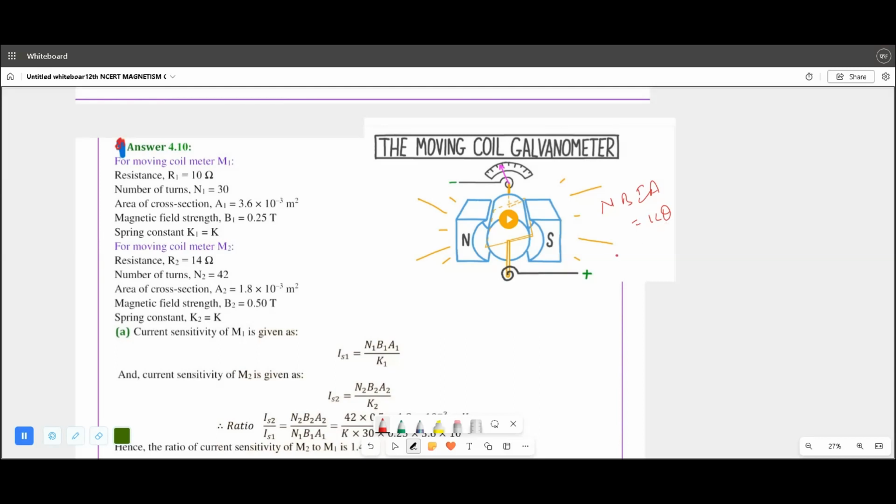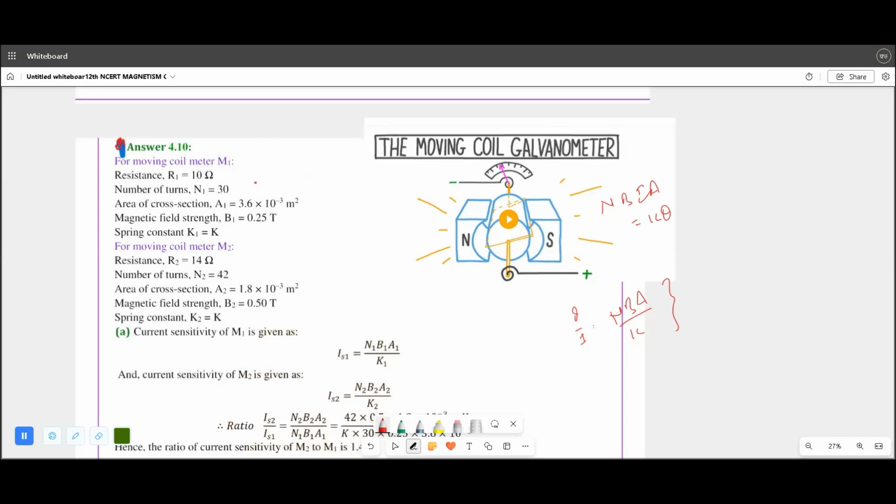So now, what is your sensitivity? Current sensitivity is read as theta over I, which is NBA over K, right? Theta over I is equal to NBA over K. Perfect. So this is called current sensitivity. Okay. So now in the first you have two moving coil meters.